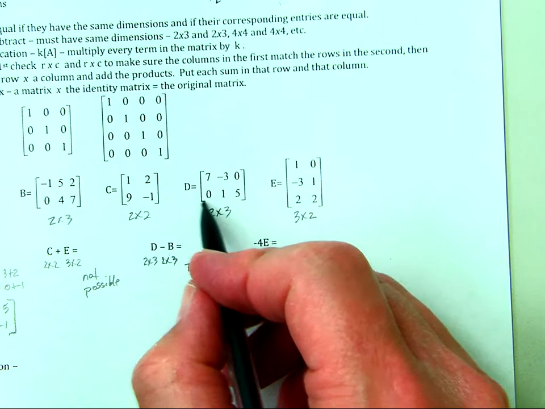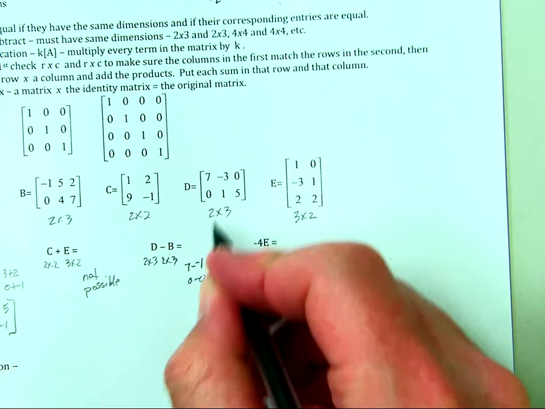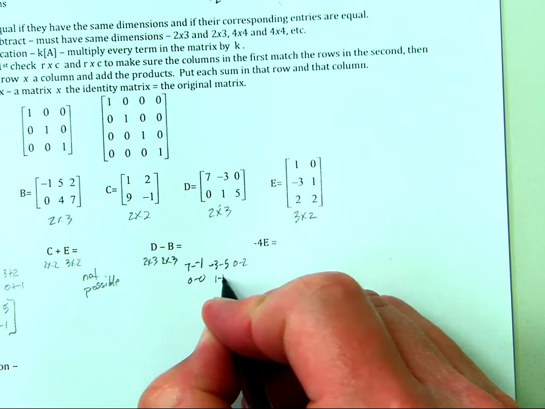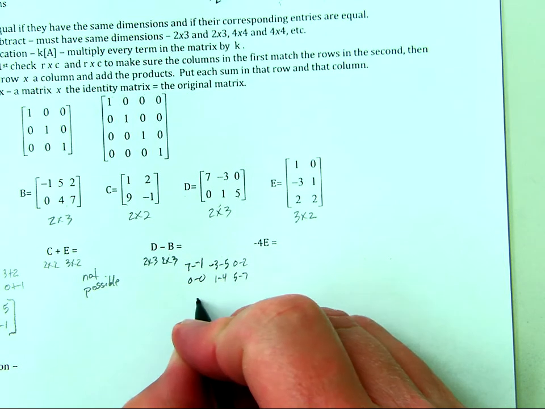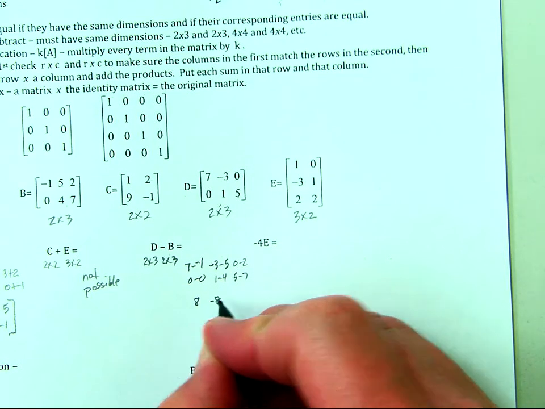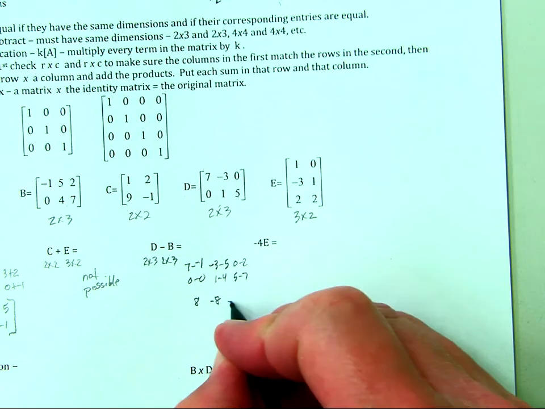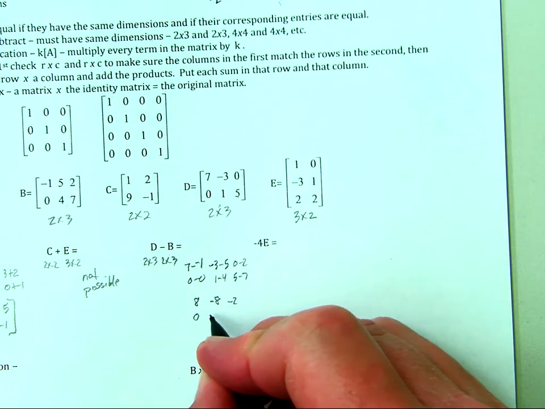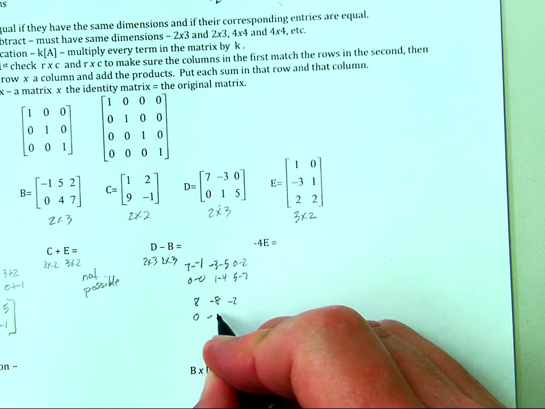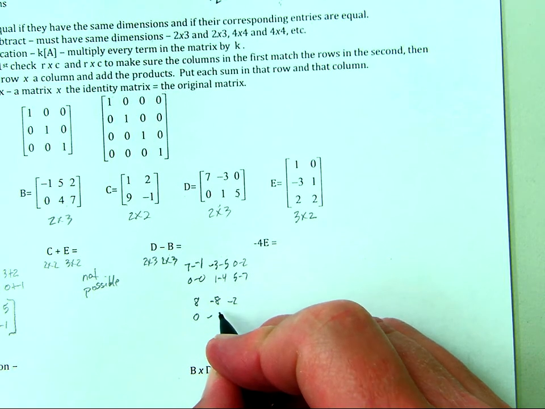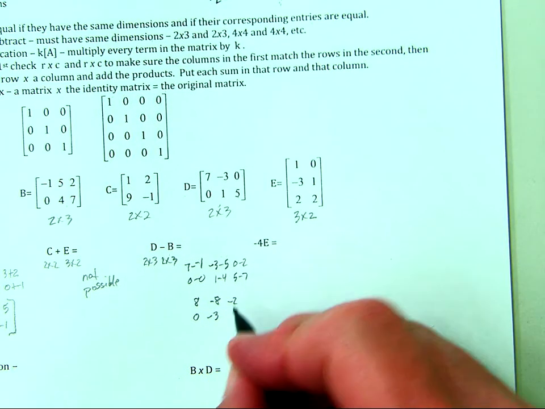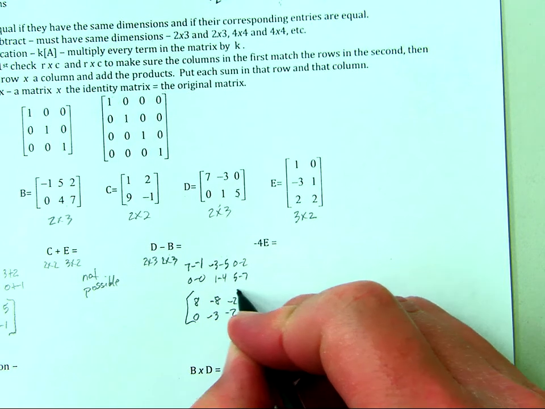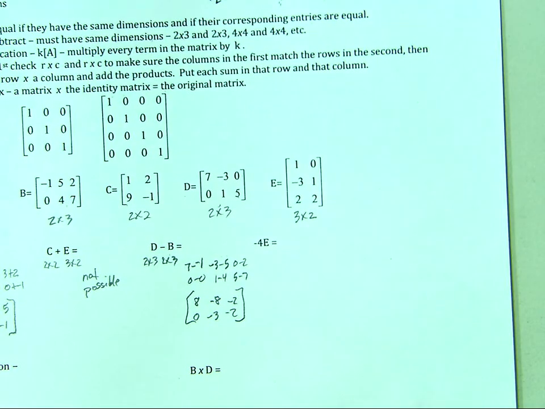The second row would be 0 minus 0. 1 minus 4. 5 minus 7. So if we simplify those, you'll see 8, negative 8, negative 2, 0, negative 3, and negative 2. So we started with 2 2 by 3s, we ended up with a 2 by 3.